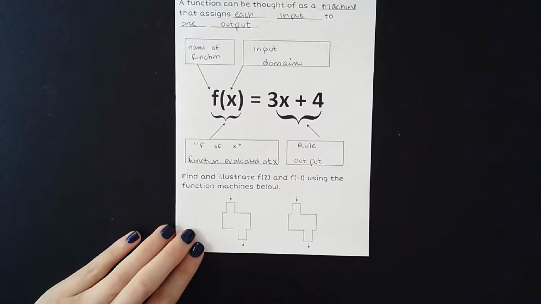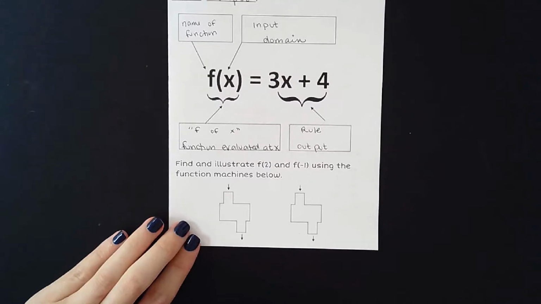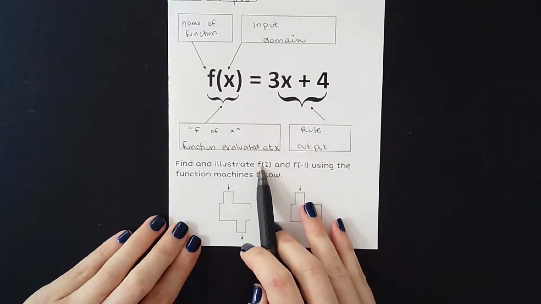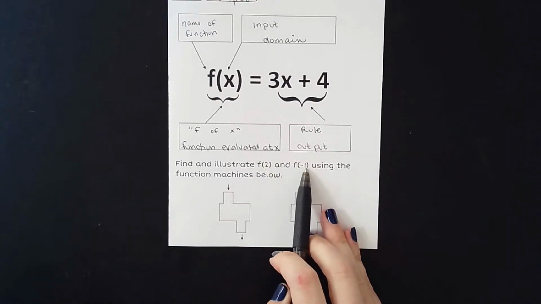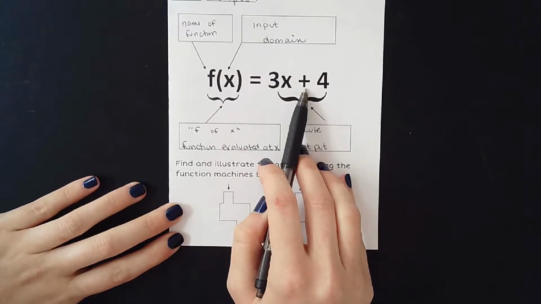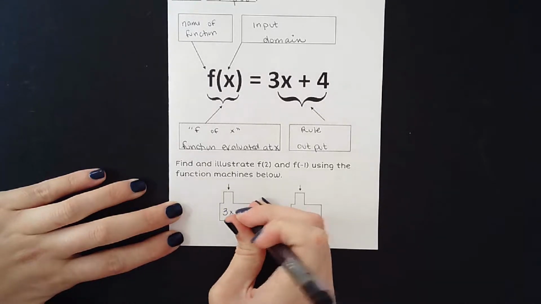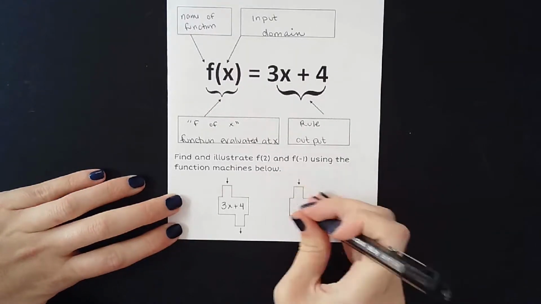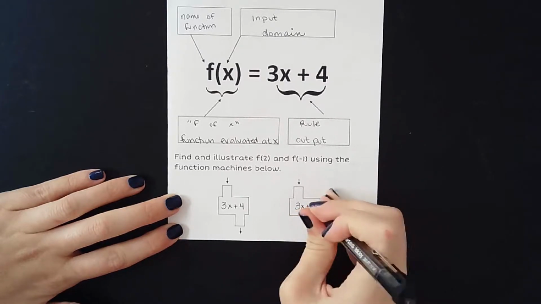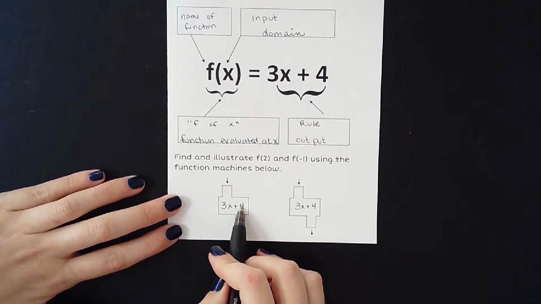If we use this function machine to find f of 2 and f of -1, we're using this rule right here, this f of x rule. So we know when we put a number into this machine, it gets multiplied by 3, so 3x, and then added by 4.